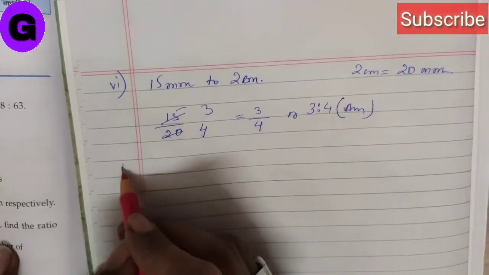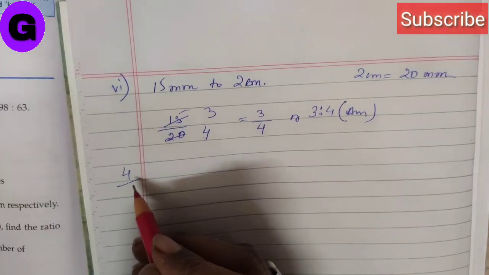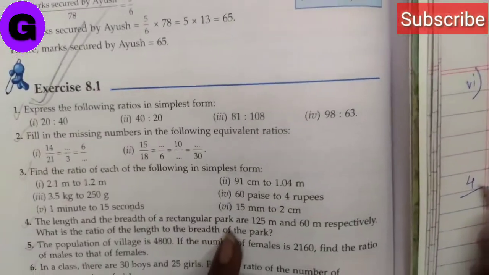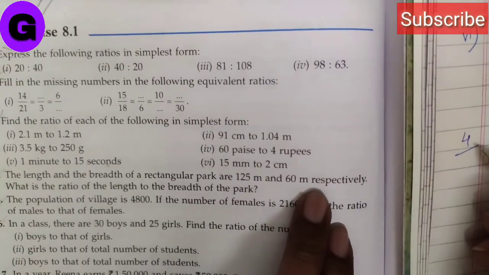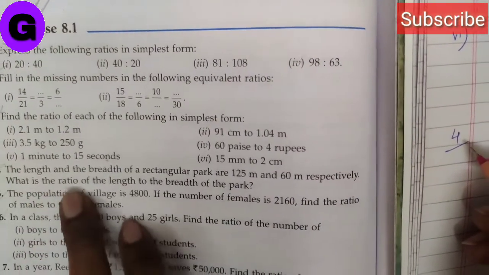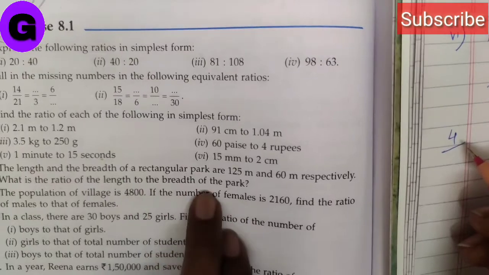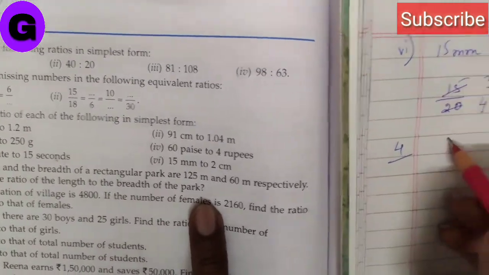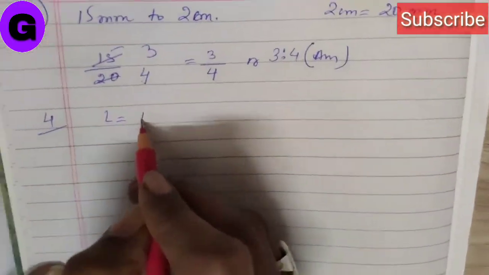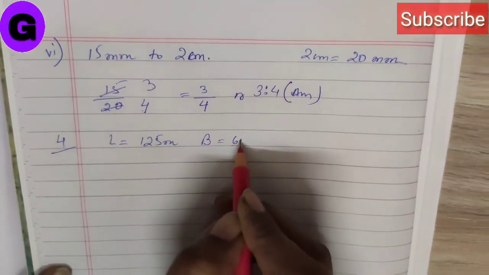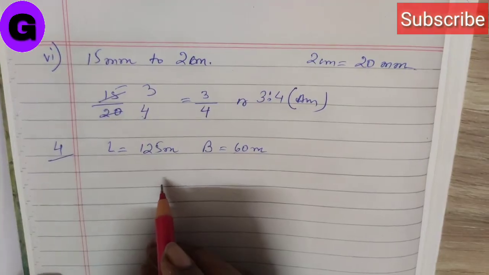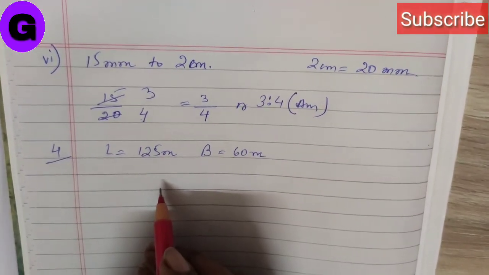Now, sum number 4. It says the length and the breadth of a rectangular park are 125 meter and 60 meter respectively. What is the ratio of the length to the breadth of the park? So, length is equal to 125 meter, breadth is equal to 60 meter. So they want the ratio of length to the breadth.